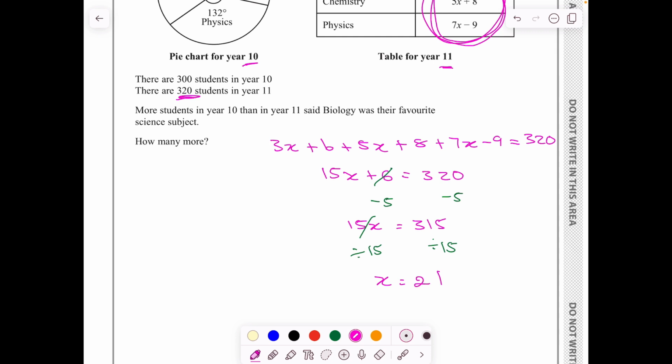Okay, so if I got x equals 21, I can now find out how many said that biology was their favourite in year 11.